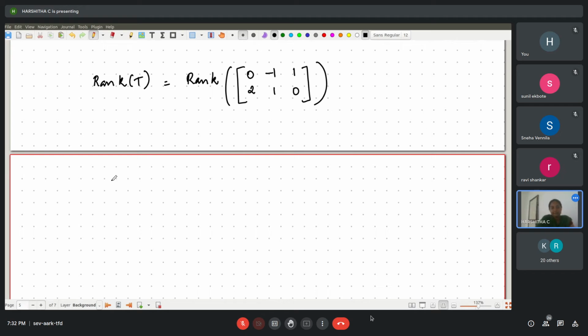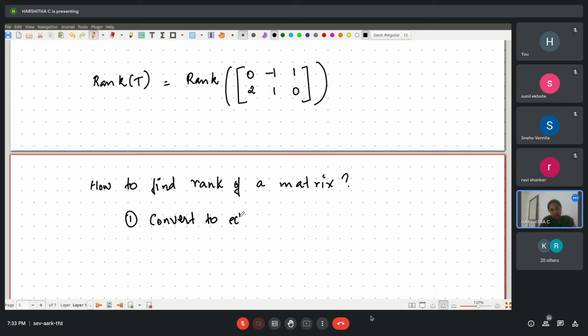So how do you find rank of a matrix? First thing is you convert to echelon form.